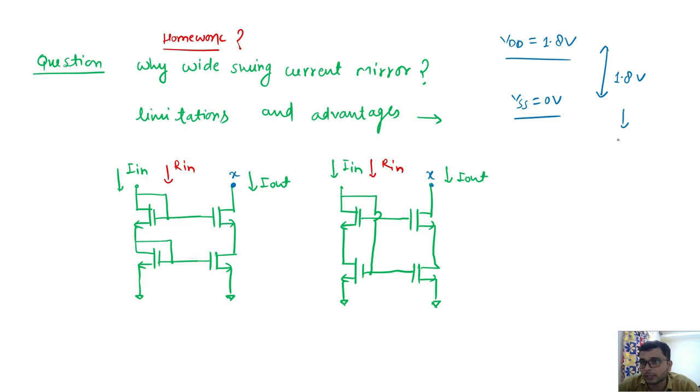For a rough example, if I'm consuming 500 millivolt in the upper transistors, and 500 millivolt in the lower transistors, which are the input pair and current transistor, what is left to me?